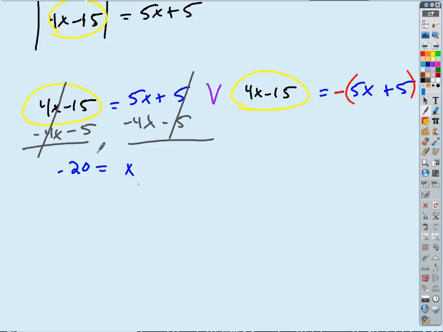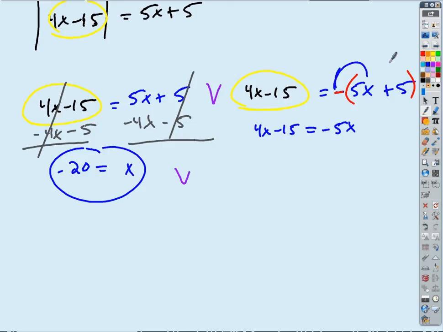Okay, one possibility. Or, how about over here? Well, I got to distribute, don't I? So I've got 4x minus 15 equals, if I distribute, negative 5x minus 5. Where am I pushing the variables this time? To the left. Good.